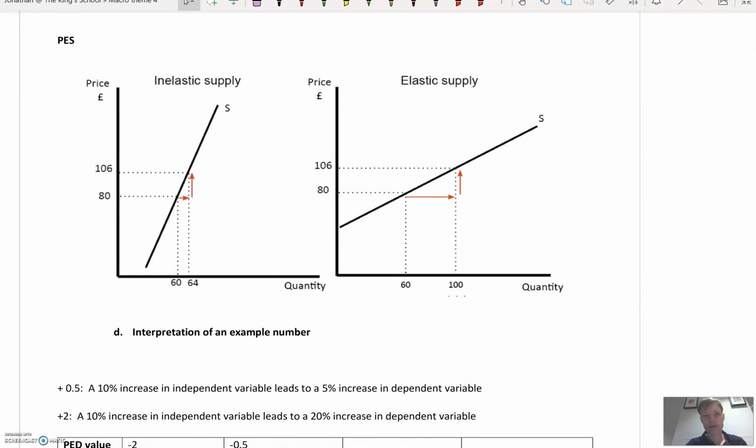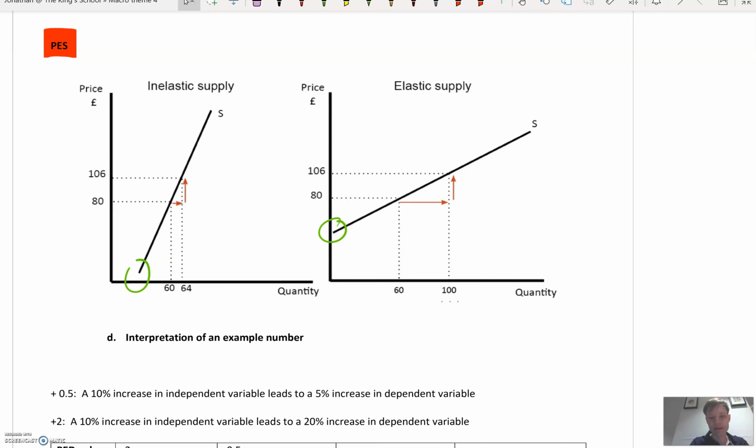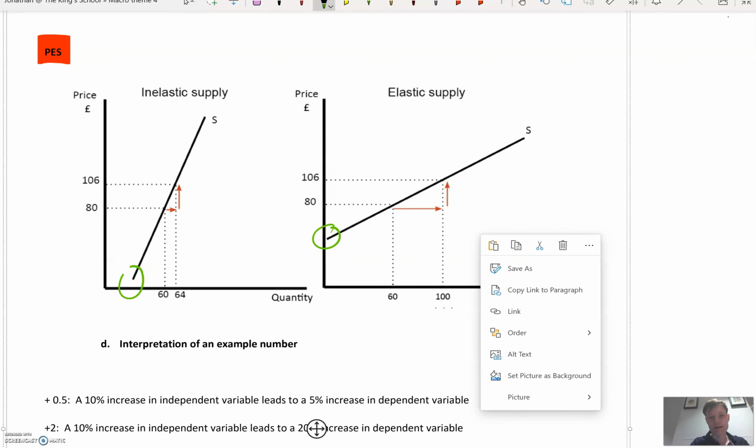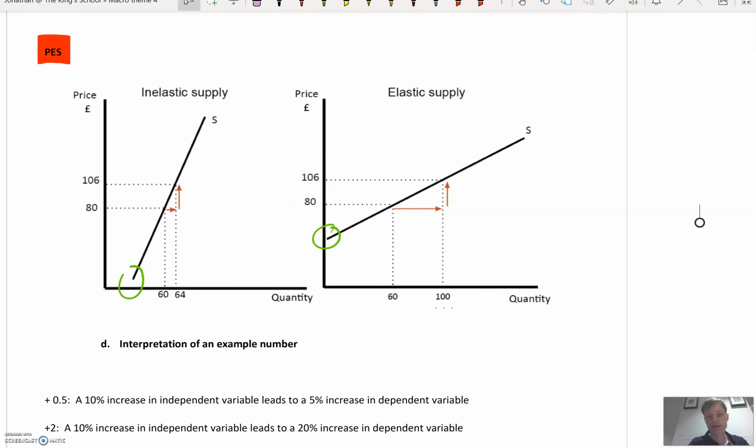PES, if you were to use it, the important thing here is not the gradient. Now, these 2 diagrams kind of hint that it might be the gradient that's doing it. It's actually not. It's the intercept on the y-axis. So there we see that the inelastic supply curve is intercepting the x-axis. The elastic supply curve is intercepting the y-axis.